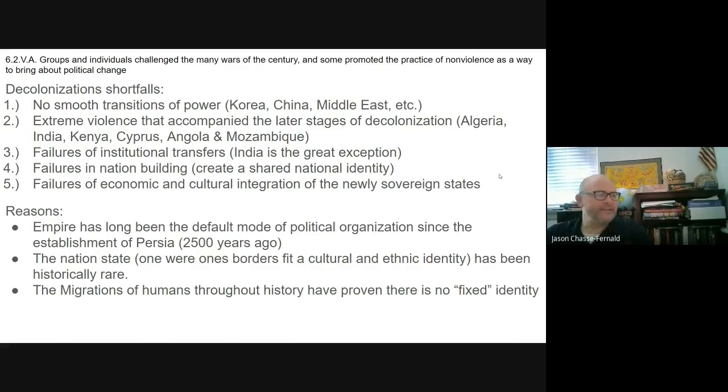All right. We also see a failure of institutional transfers. India is the great exception to this. When you look at India, you do see that legislative body, democracy, that is created in the mid-1930s as a result of the pressure and the success of the Salt March. And then that body is able to transition from 1947 in August, when independence happens, to 2 years later creating a constitution.